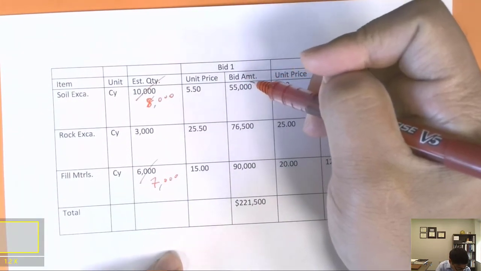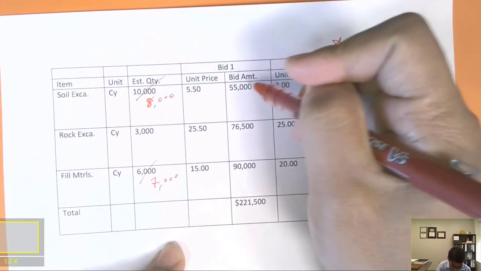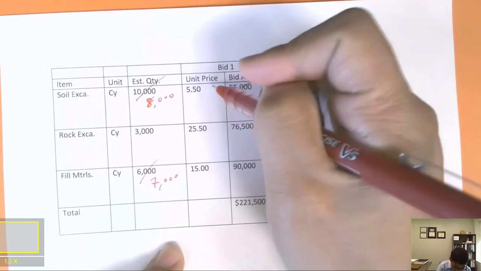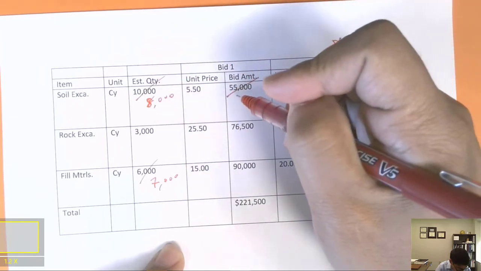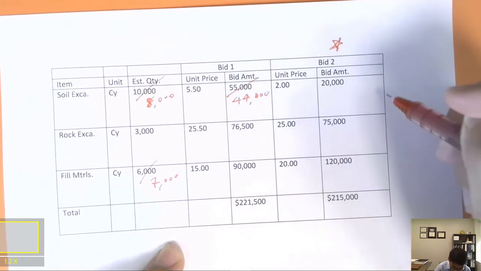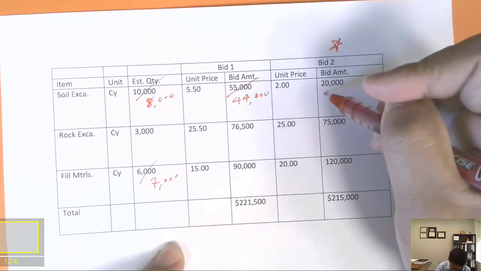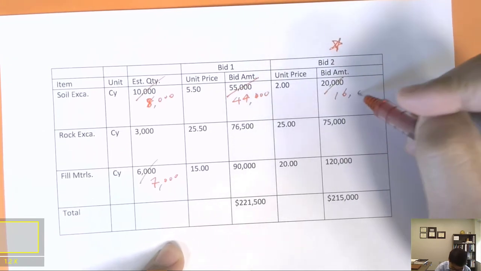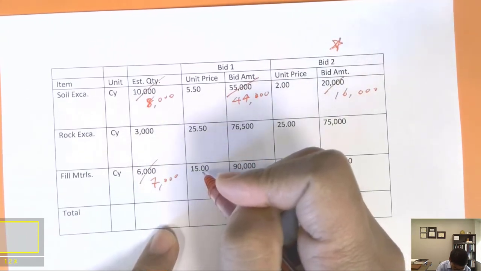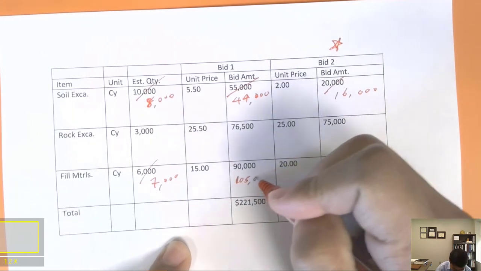So if bidder 1 gets selected, this would be the final cost for their soil excavation item. This number times the actual quantity is 44,000, and the cost for bidder 2 would be 16,000, and this number times the unit price is $105,000.